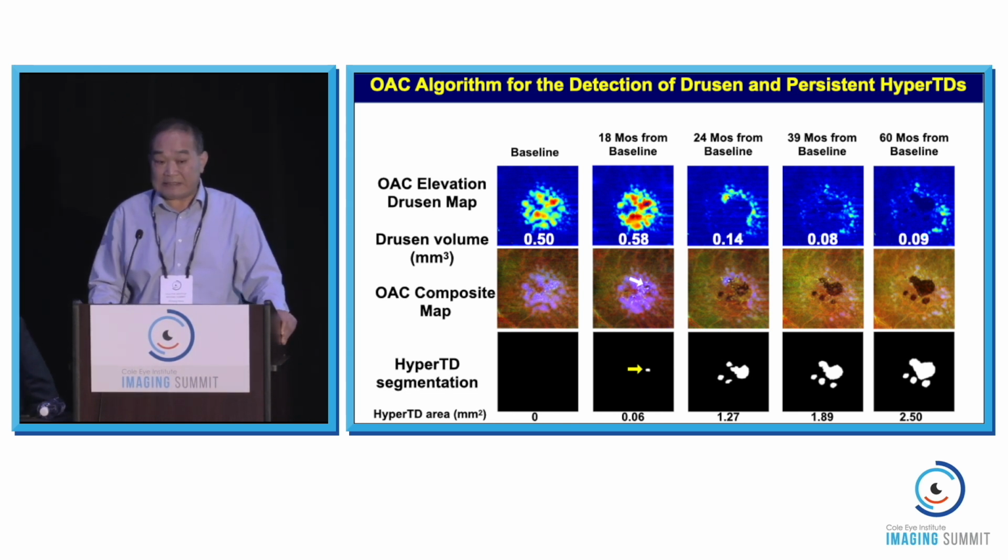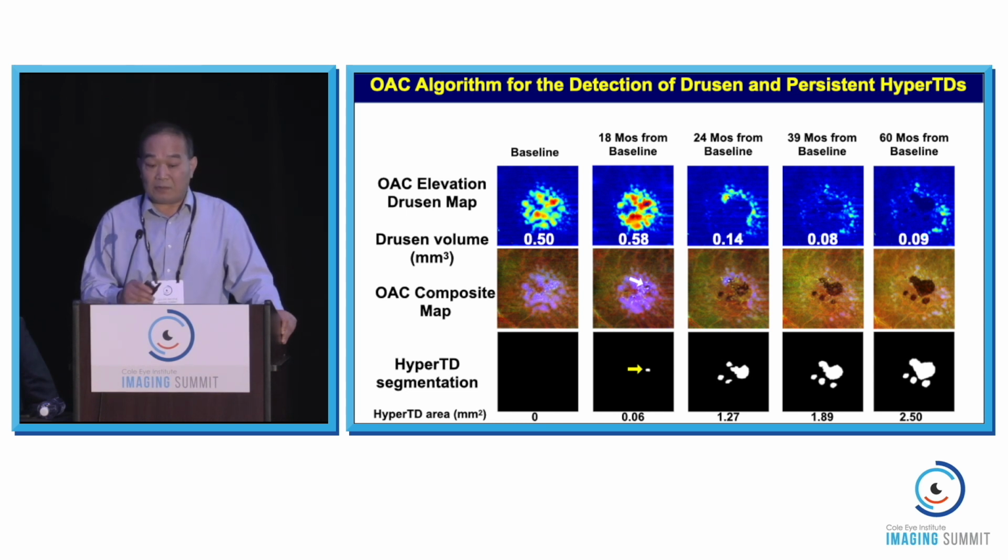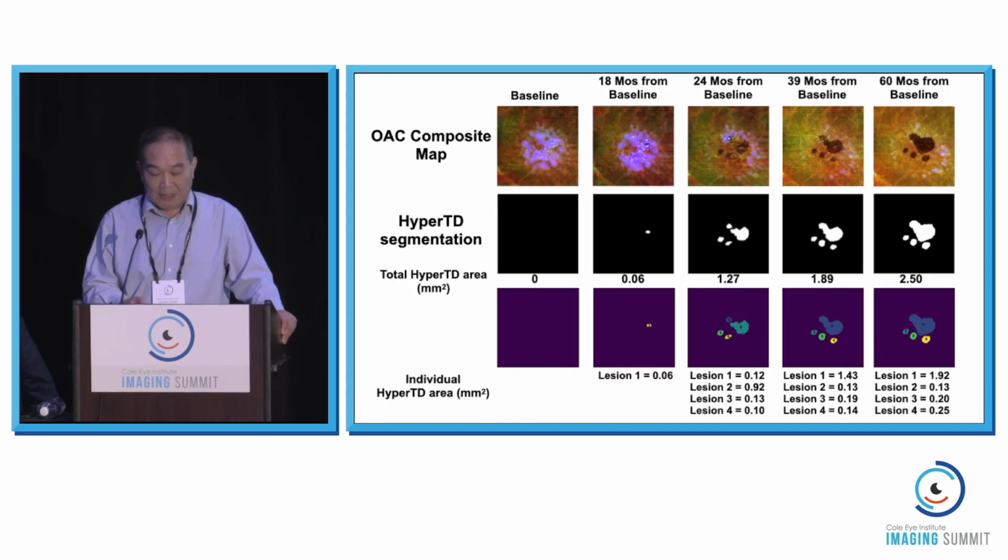And also this algorithm really gives the automated measurement of the hypo-TD over time. And the algorithm will also give you the automatic measurement of each individual hypo-TD, which somehow I think is important in the assessment of the growth rate of the GA.